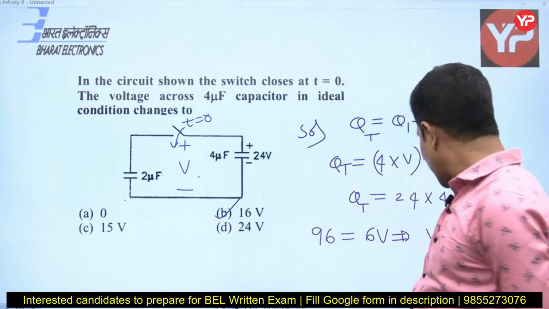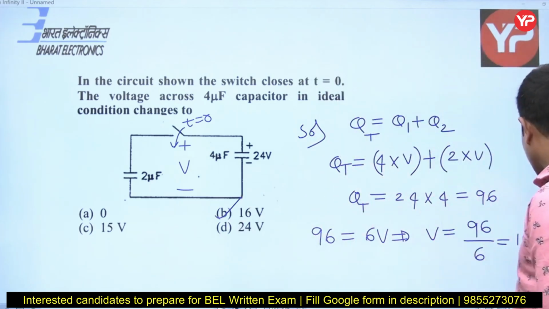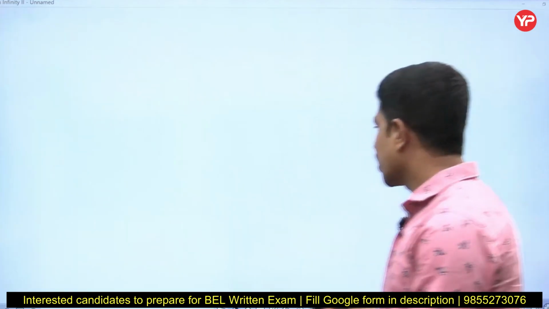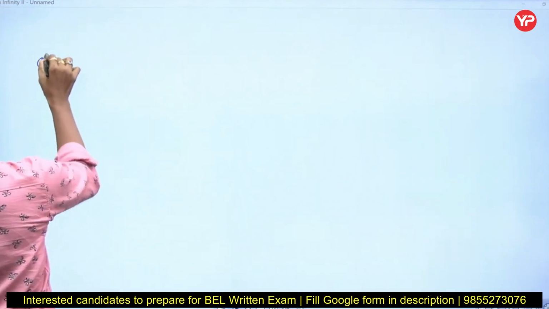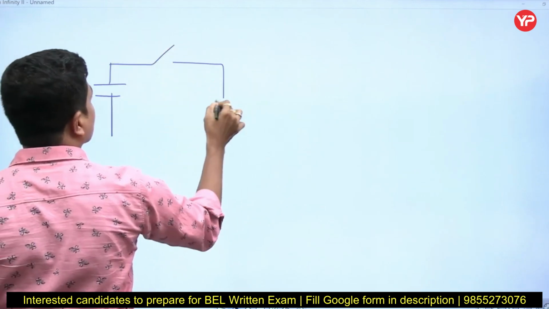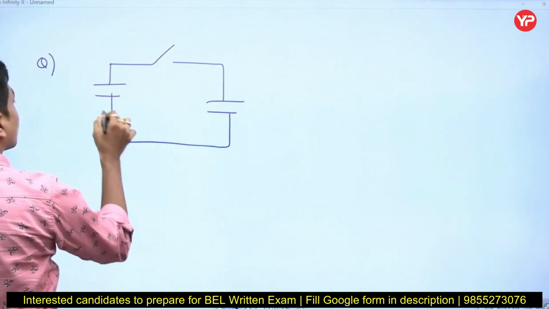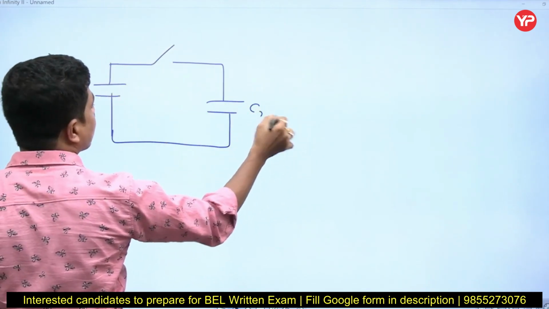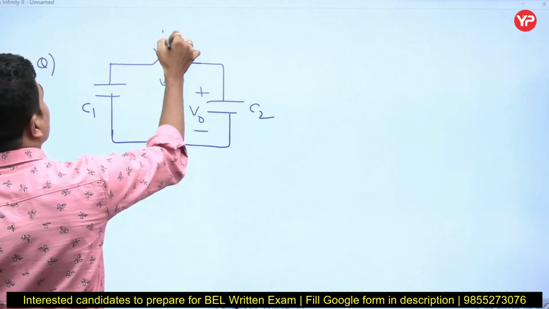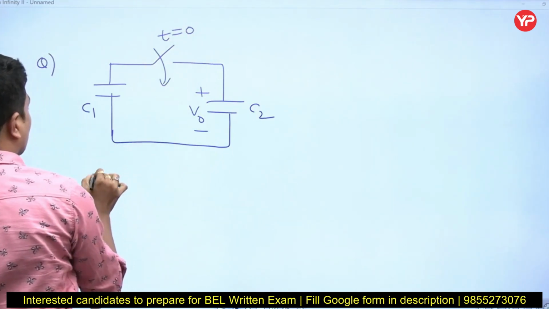A question can be given here for the same previous circuit. Yes, this is the circuit. Let's take it as C1, this as C2, and this is some V0 initial voltage. This is closed at t is equal to 0.